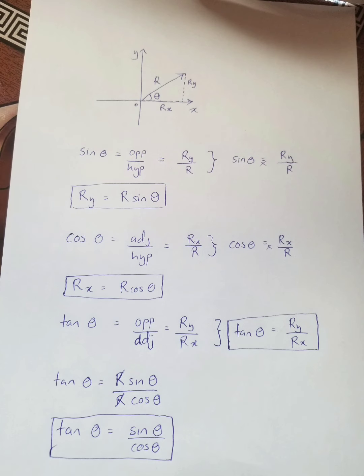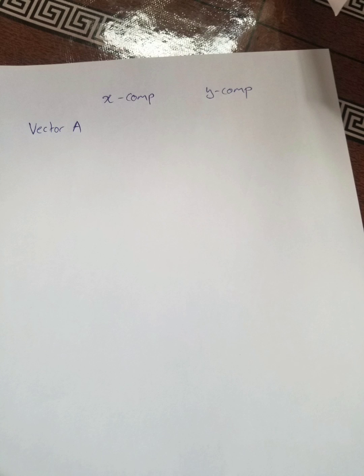So now that we have that under wraps, we can easily resolve any vector into its x component and its y component. So take, for instance, you have a vector A. We can find the x and y components of this vector by using the same equations that we had previously.